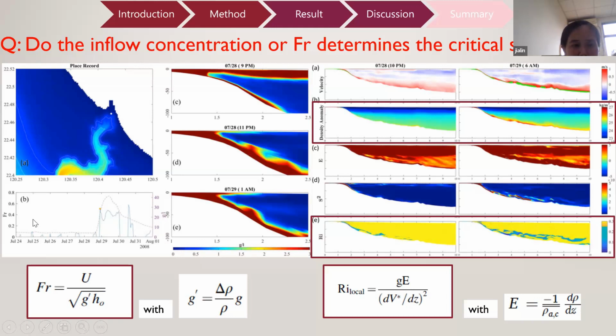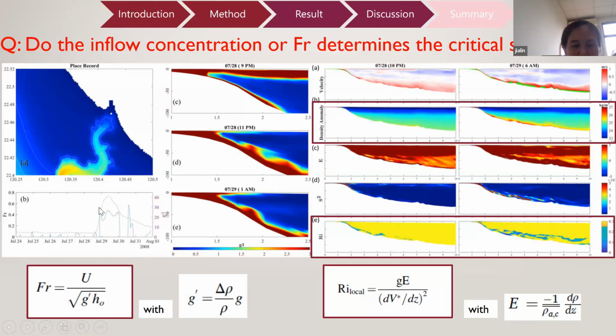But in our situation, it seems the flow number and the sediment concentration are not really criteria, because of the orange dots showing when the density current begins to occur. This curve is located at the river mouth, and we can see some figures like July 28th, 9 p.m., 11 p.m., and 1 a.m. on the right-hand side.